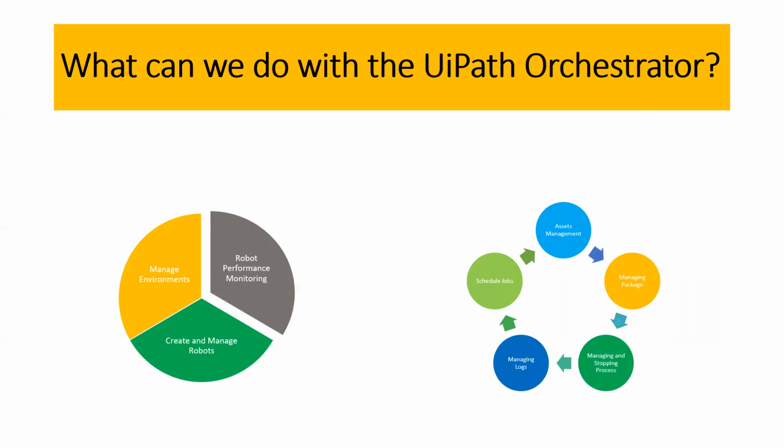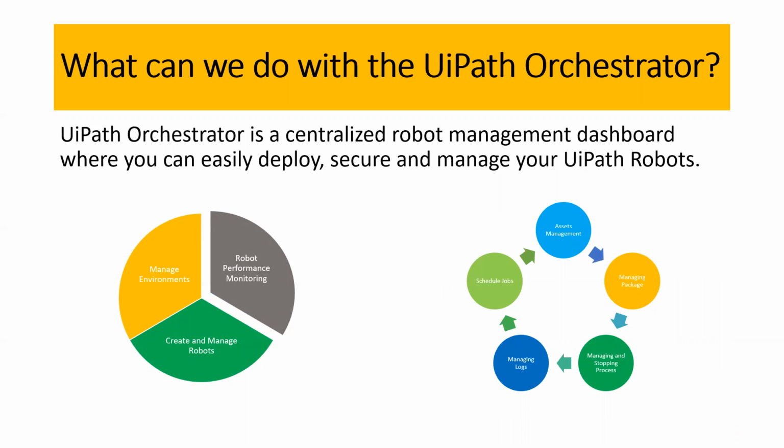And what can we do with this Orchestrator? UiPath Orchestrator is a centralized robot management dashboard where you can easily deploy, secure, and manage your UiPath robots. Here you can manage the environments, monitor the robot performance, and also create and manage robots.